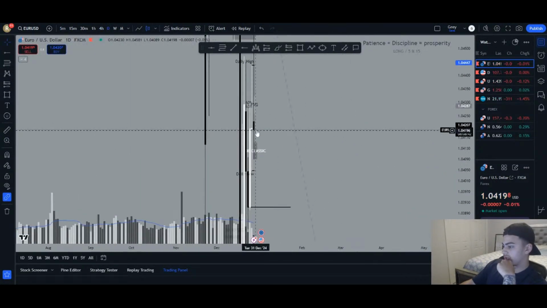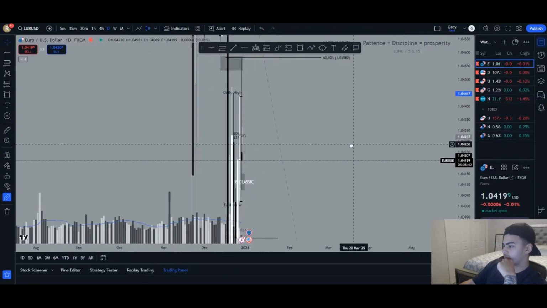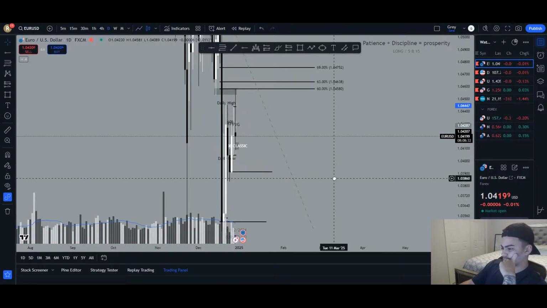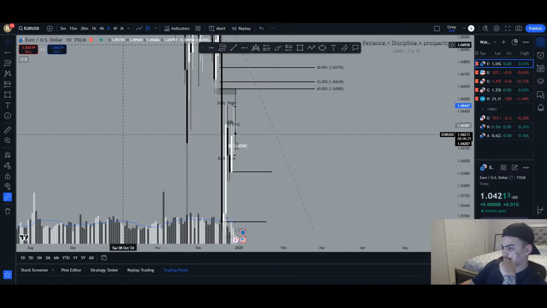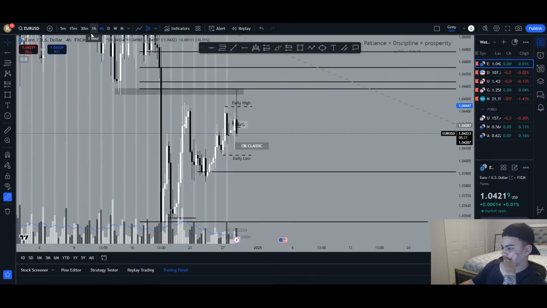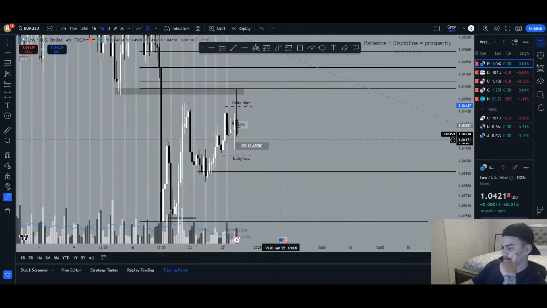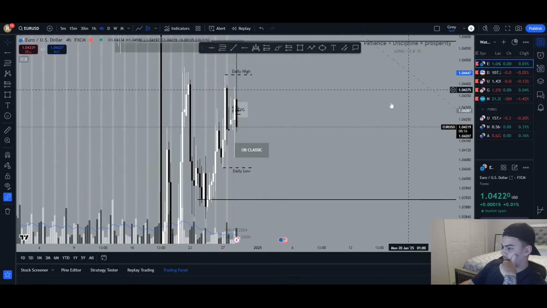Let's look at the daily. Daily flips. Yeah, daily just flipped bearish after touching this point up here. Yeah, 4 hour looks really good too for bearish.